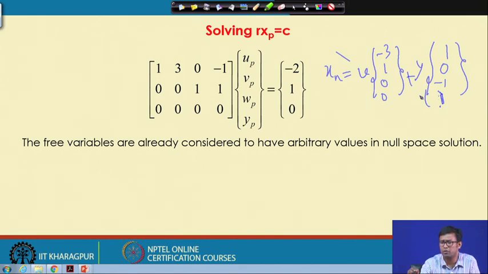We are trying to find x is equal to xn plus xp, and this has infinite solutions, and infinite values of v and y can be included in xn.